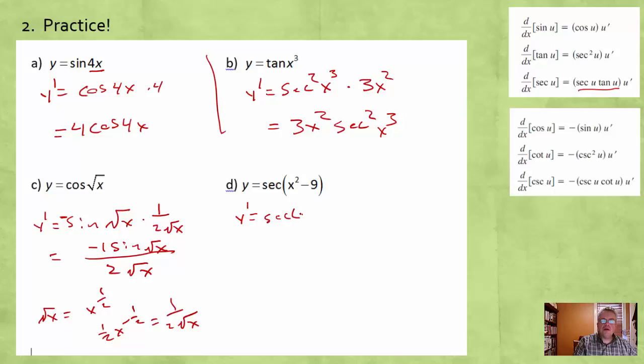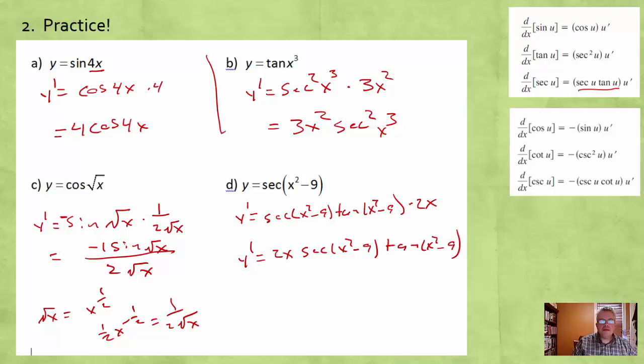Secant of x squared minus 9, tangent of x squared minus 9, times the derivative of the inside function, 2x. Okay, so we get y prime equals 2x, secant x squared minus 9, tangent x squared minus 9. Okay, so once you practice these, you won't even think about it.